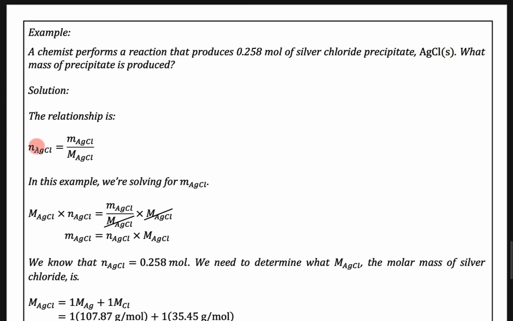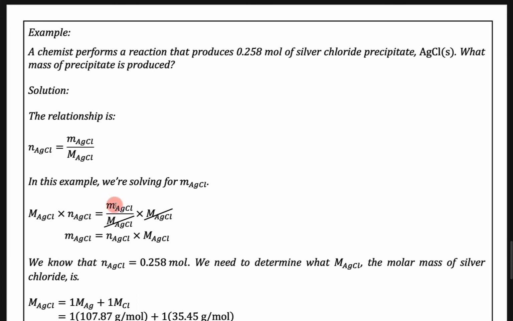So as before, we're going to write our relationship. We know that the number of moles of silver chloride equals the mass of silver chloride over the molar mass. But again, in this example, we're not actually solving for the number of moles. We're solving for the mass. In the first line, I'm multiplying both sides of the equation by the molar mass.